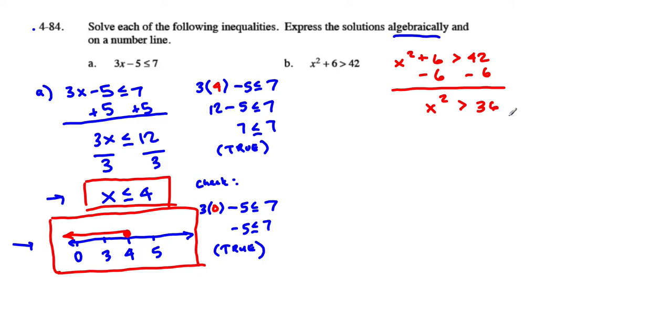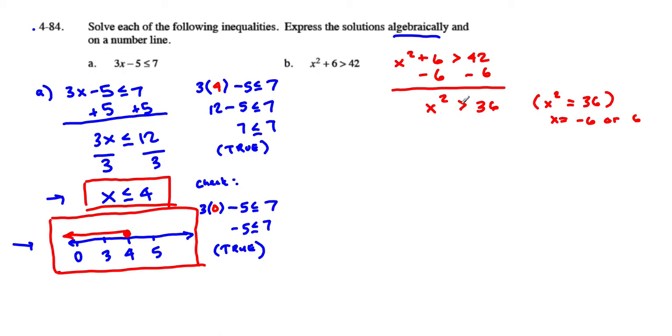And if we think about it, if this had been, say, x squared equaled 36, we know that x would have been -6 or +6. So those would have been our boundary points there. Well, now we're talking about we want it to be more than 36.